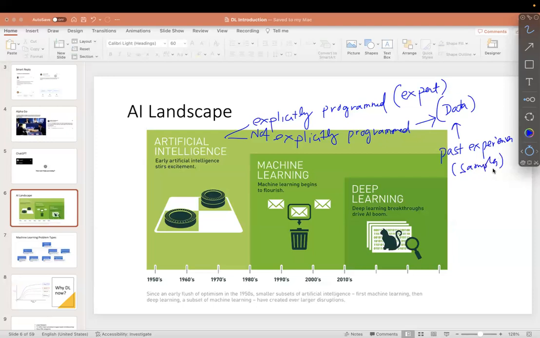So if I take an example of a fraud detection system, right? In the past, you already have experience on frauds and non-frauds, right? But why they are frauds and why they are not frauds, we are not getting into that. We're simply taking those samples and asking an algorithm to learn from them. So that's where machine learning systems came out brilliantly, right?